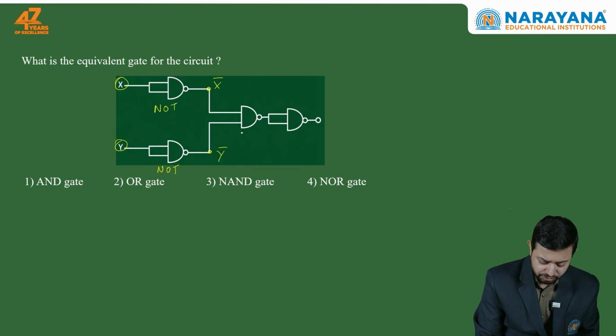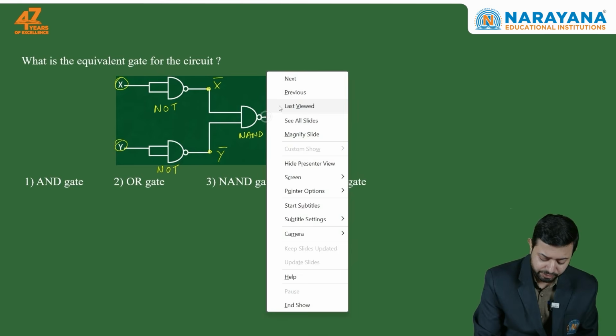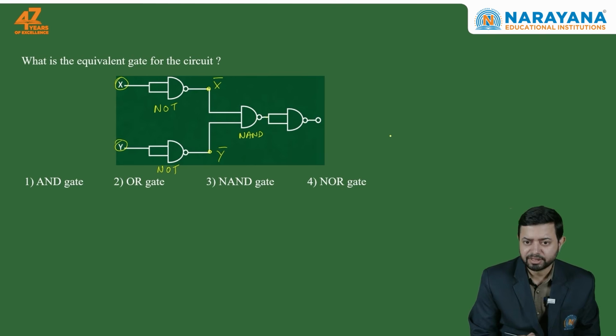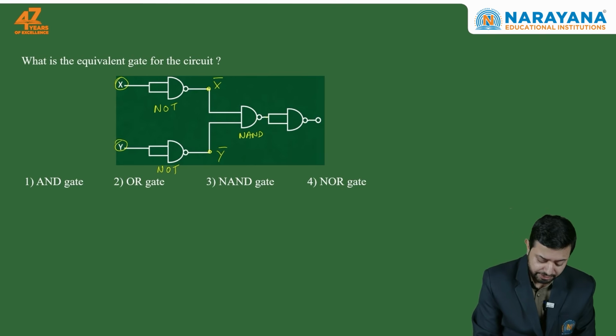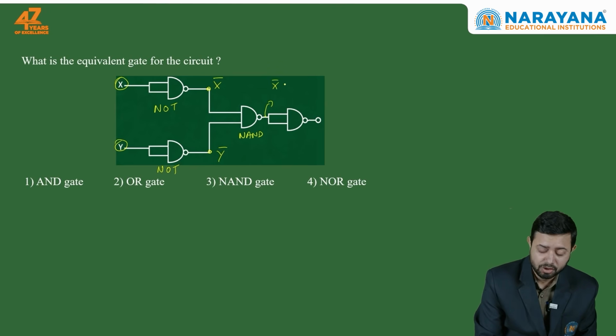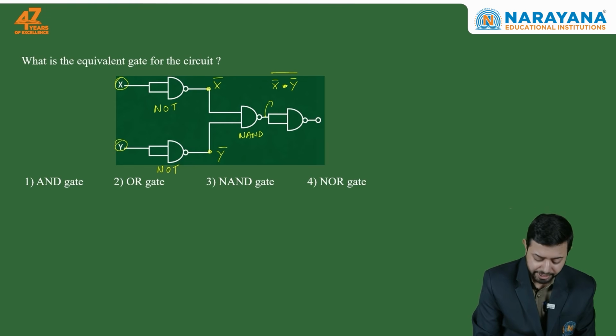Now this is overall a NAND gate, and the input is x bar and y bar for this NAND gate, so the output will be x bar dot y bar, and then bar of it. With NOT, that is overall NAND.